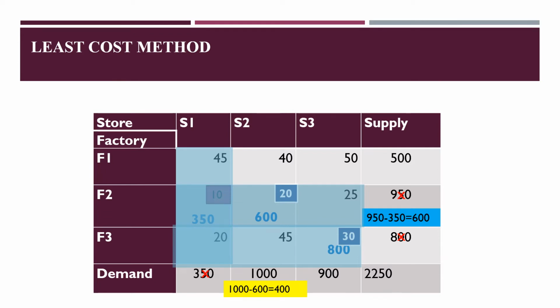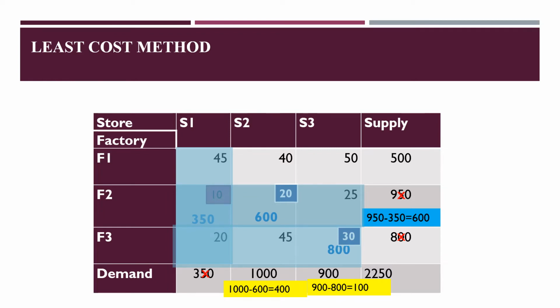Then we are allocating this 400 to F1 S2, and at the same time here we are only left with 100 units for S3, because we have already supplied 800 units from F3 factory, but we still need 100 units.